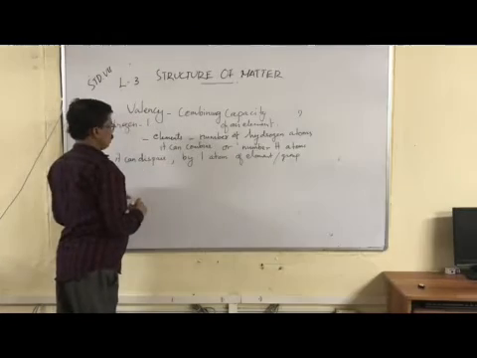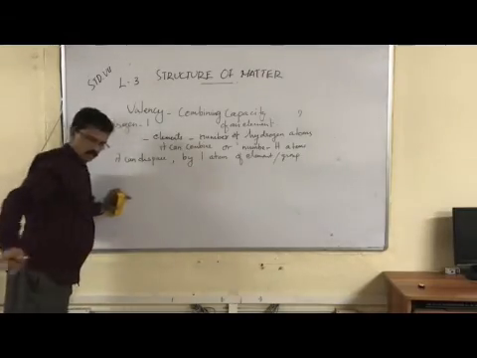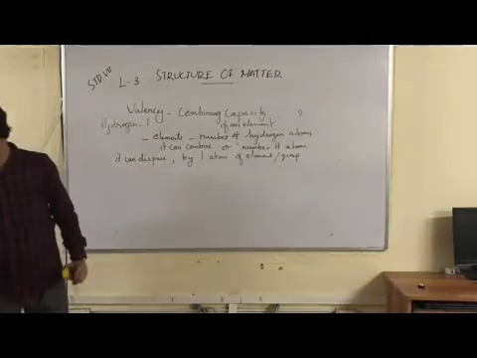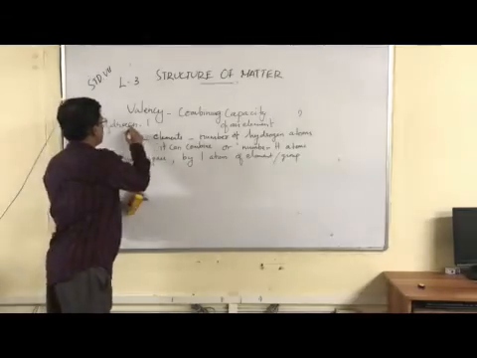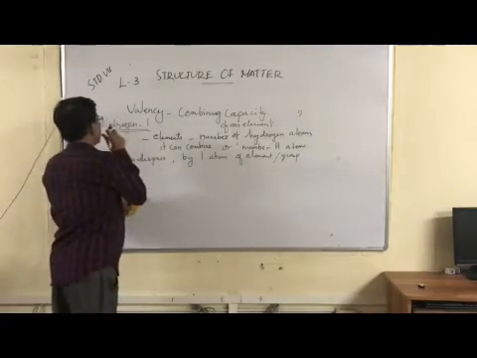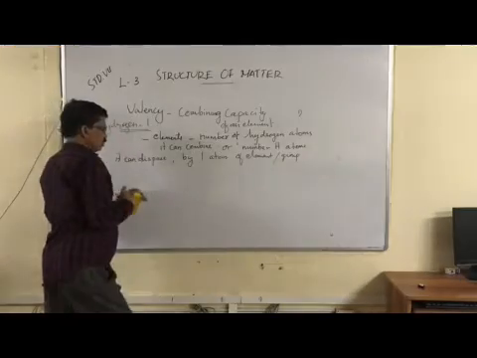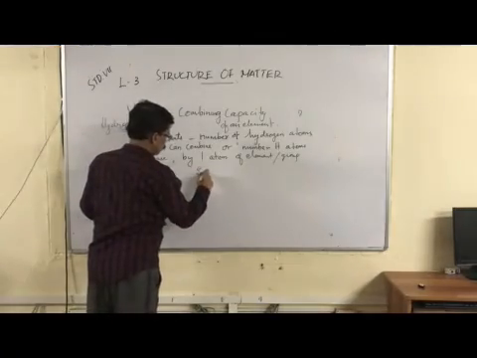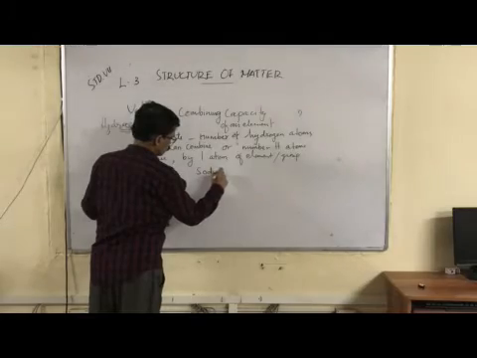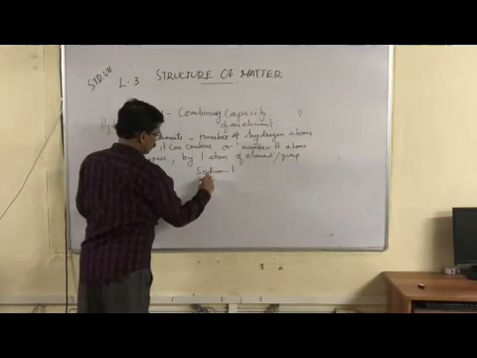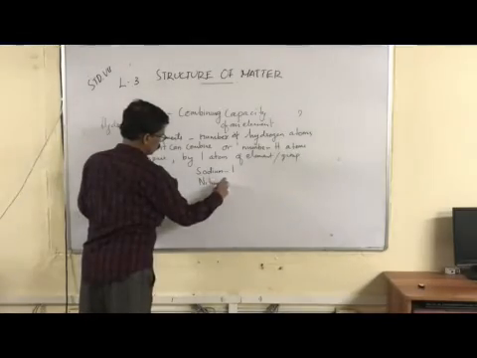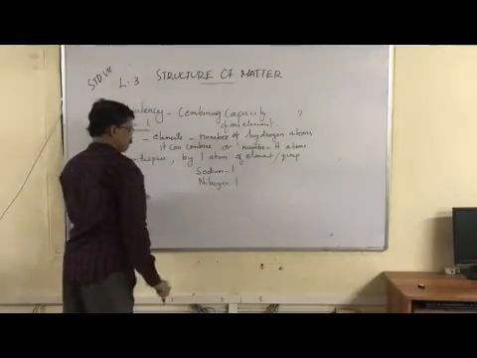For example, some examples are given here. Hydrogen, sodium, potassium. Hydrogen, I already said, has valency one. Sodium, the valency is 1. Nitrogen, valency is 1.